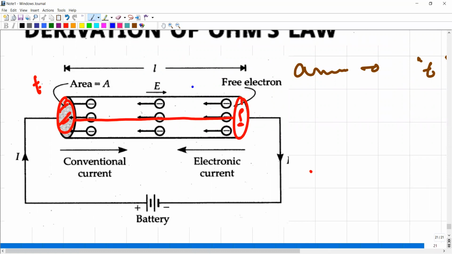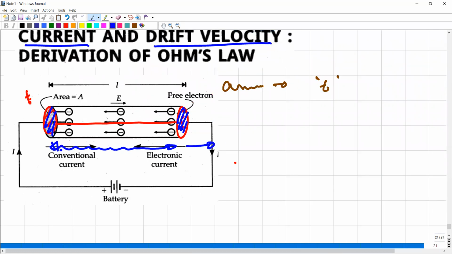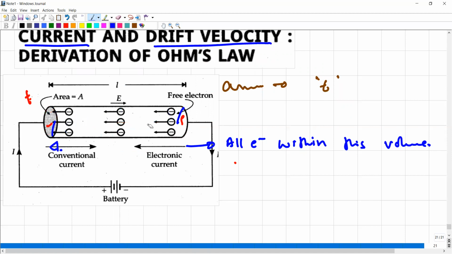Now, if the electrons from this end have reached this end, that means all the electrons that are within the volume of this conductor, visualize this correctly, must have passed through the conductor at any area.